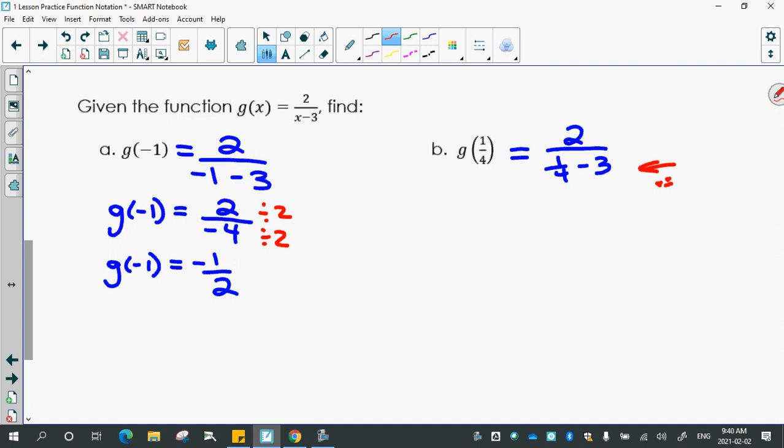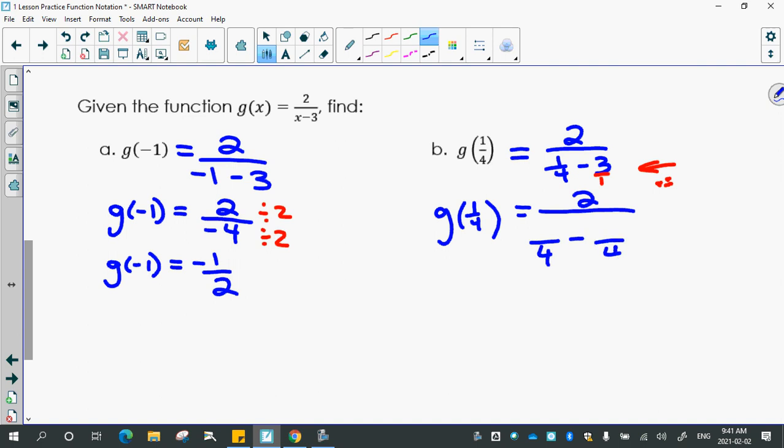So I'm subtracting a fraction and a whole number in the denominator. So I still have 2 way up in the numerator here. But in order to subtract here, I need a common denominator in the denominator. So what's my common denominator going to be between 4 and 1? 4? Good. So I'm going to make each of these out of 4.